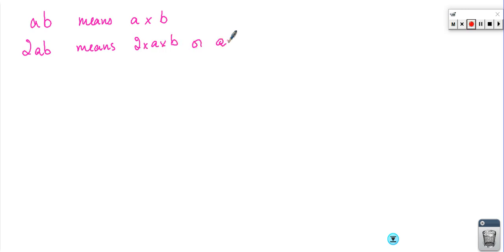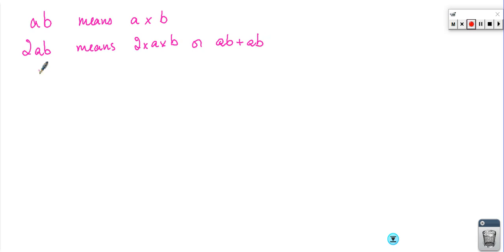And if I have AB, that means A times B. And 2AB means 2 times A times B, or AB plus AB.